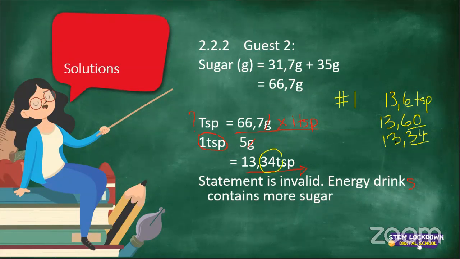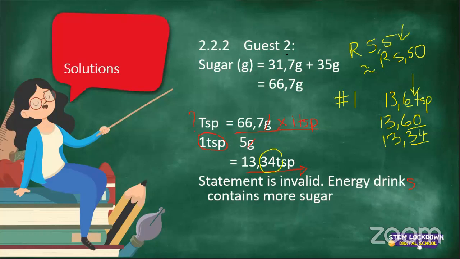So 13.34 is less than 13.60. Just that here I omitted a 0. Like saying 5.5 friends is actually similar to 5.50 friends. Hopefully this makes sense. Just that here the 0 was omitted. I don't know if that makes sense.